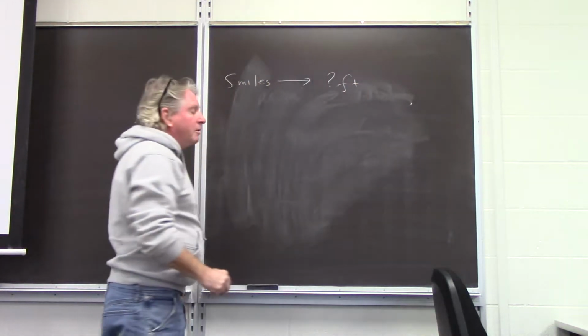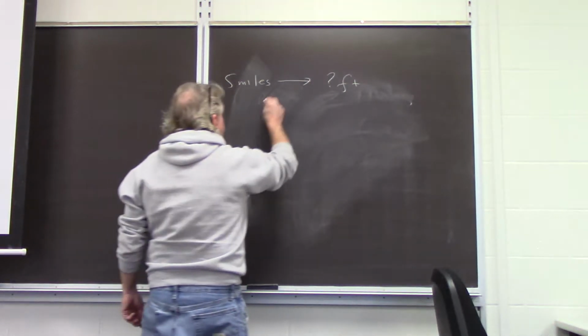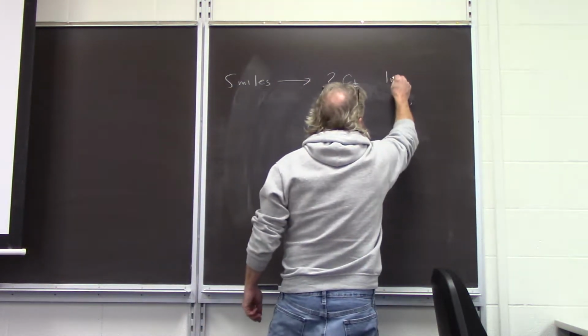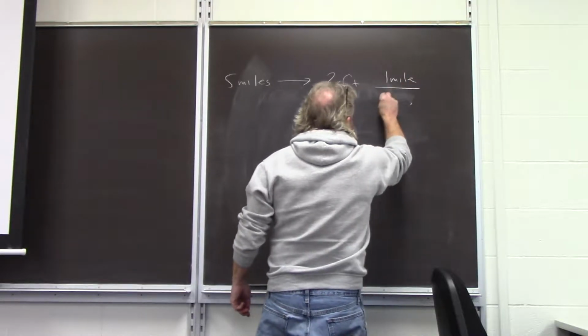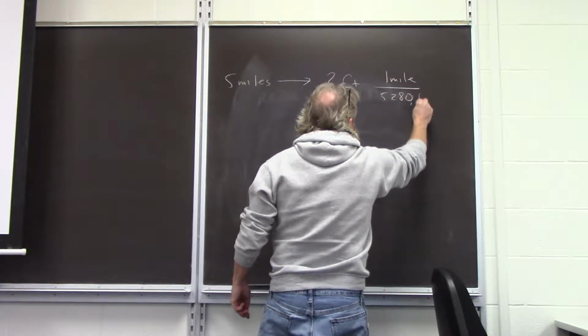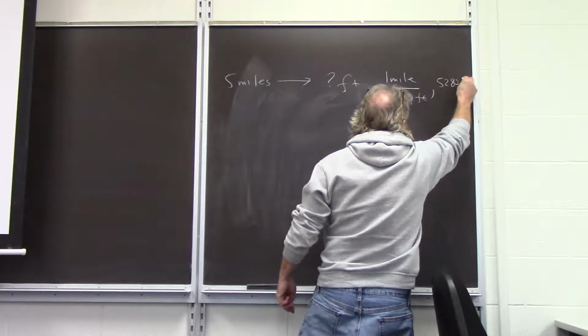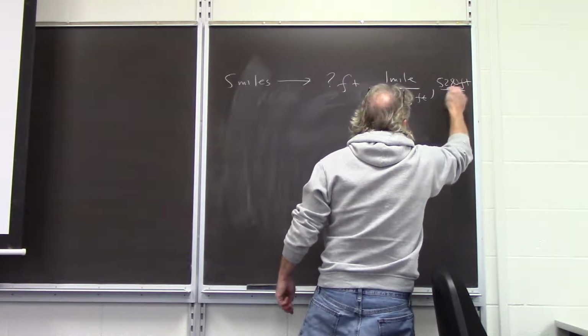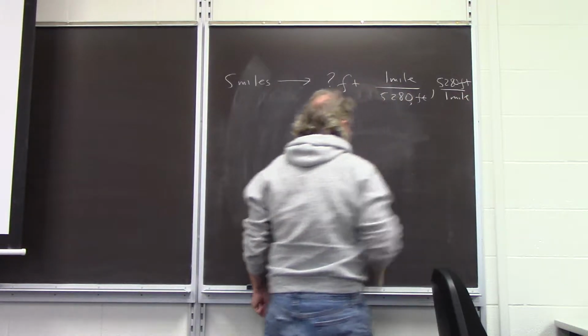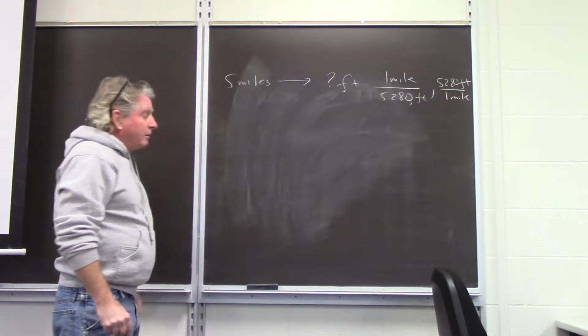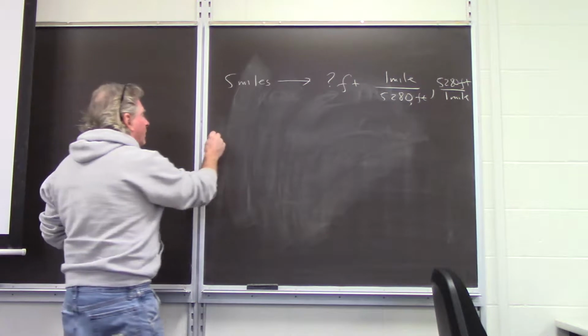So I'm going to use my conversion factor, which is 1 mile, 5,280 feet, or the other way, like so. All right, so what we do is we start out with our 5 miles.